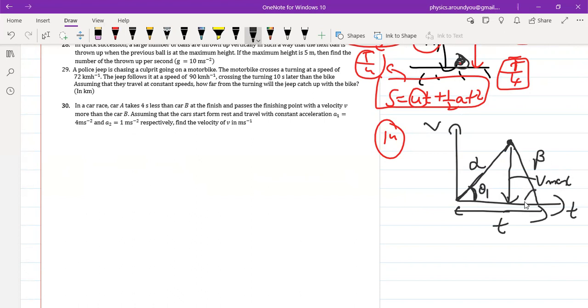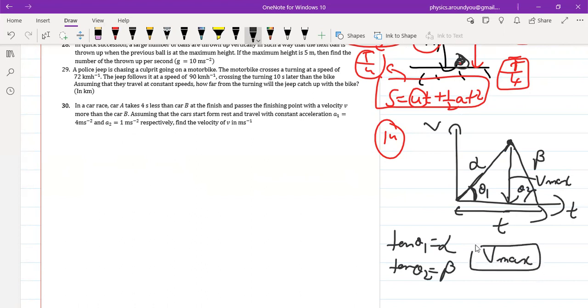Deceleration is also the slope of VT graph. So what we have is tan theta 1 is alpha, tan theta 2 is beta. Okay. And I need to find Vmax. I need to find the height, this height of the triangle. I have converted the question into an exercise in trigonometry.